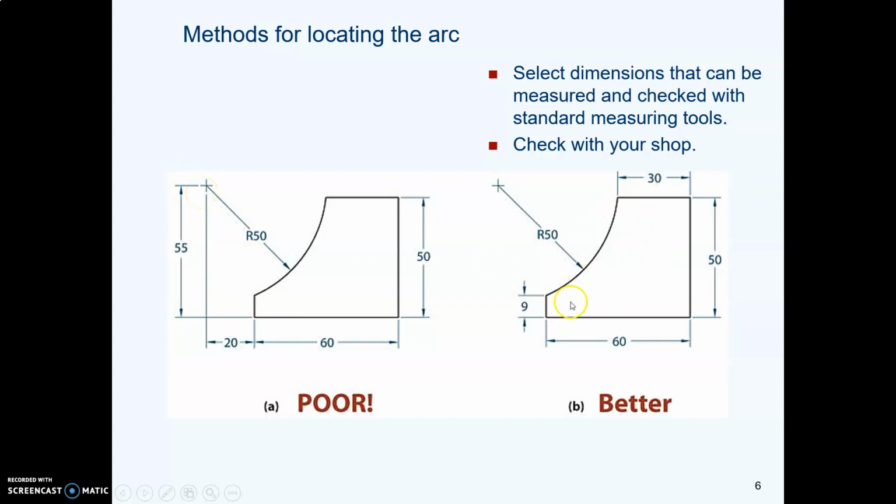This one is labeled better because here is where the fabricator could actually hook their tape measure and measure the start of the thing. I will just say that if the shop is using CNC, computer numerical control software on computerized machinery, then they might prefer the example on the left.